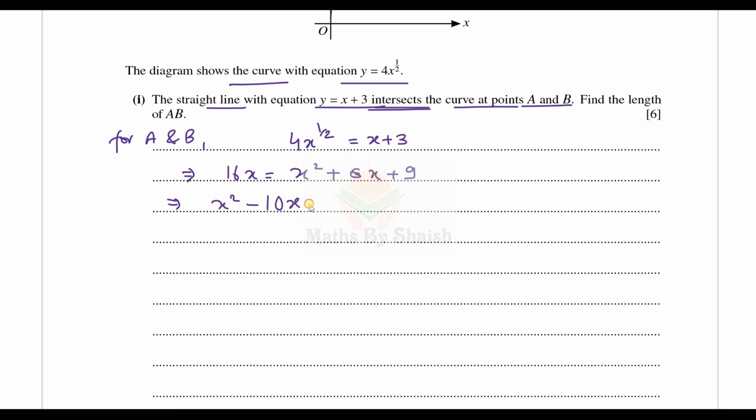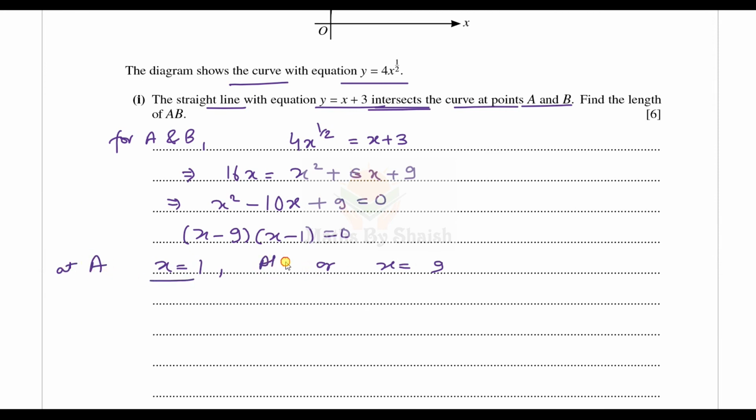We need two numbers which multiply to give 9 and add to give 10, it is 9 and 1. So it is going to be x minus 9 and x minus 1, or we can split the middle term. So x is equal to 1 or x is equal to 9. So at A x is equal to 1 and at B x is equal to 9.